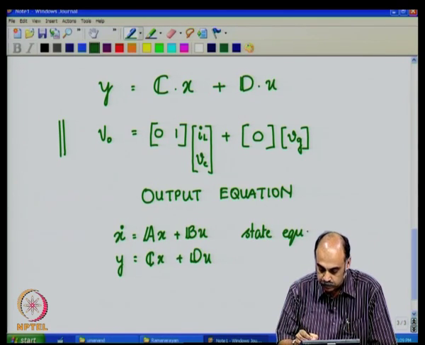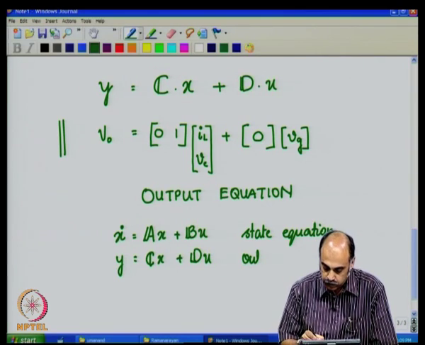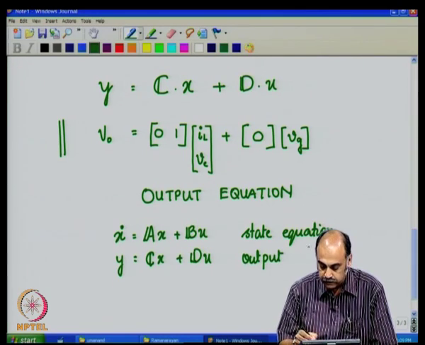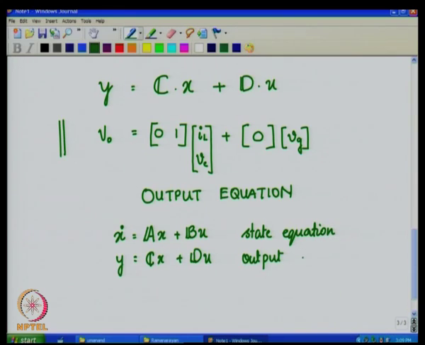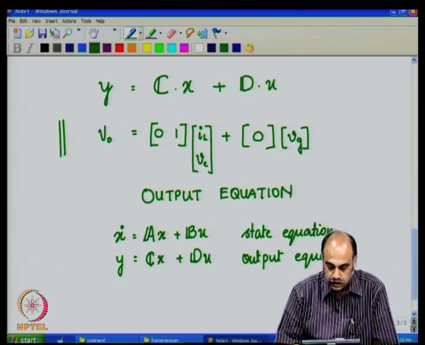Even though it may seem a bit repeatable, this is a very fundamental and very important part of developing a model for any DC-DC converter. So, this portion has to be understood thoroughly before going on to the next part, which is we try to get a state model, state space representation of a DC-DC converter.